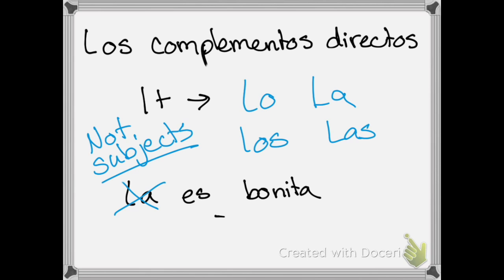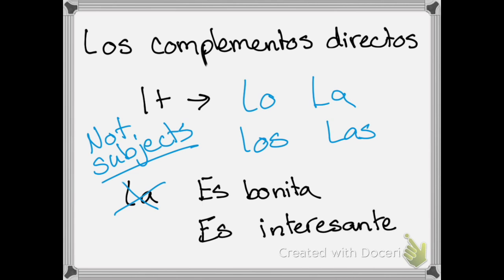So we would never say la es bonita. We would just say es bonita because the it combines with my verb. Es bonita means it is pretty. Or I could say es interesante. It is interesting. I don't use lo, la, los, or las as a subject. It is not a subject. It is a direct object pronoun.